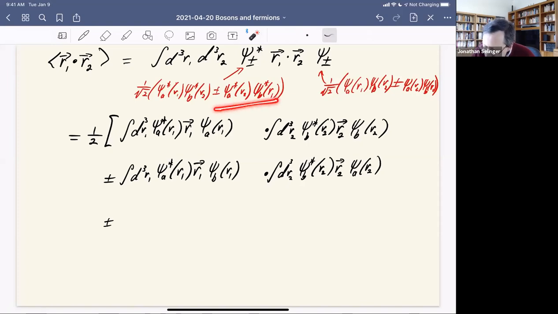Now we need to do the second piece here times the first piece there. That is plus or minus sign on this side times plus over there, so plus or minus here.